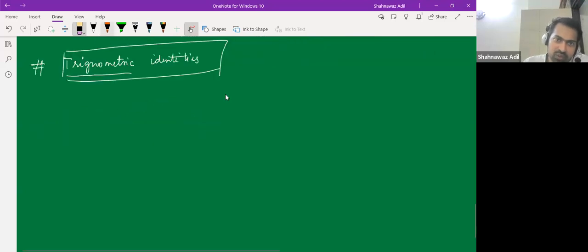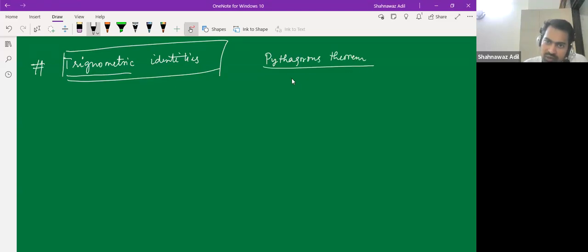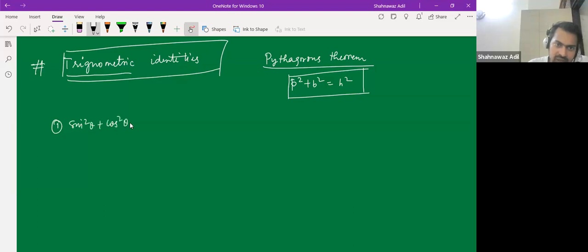Before we do that, we already know the Pythagoras theorem. Pythagoras theorem says that b square plus p square is h square. This we know, right, guys? So the first trigonometric identity is this one: sine square theta plus cos square theta is one.